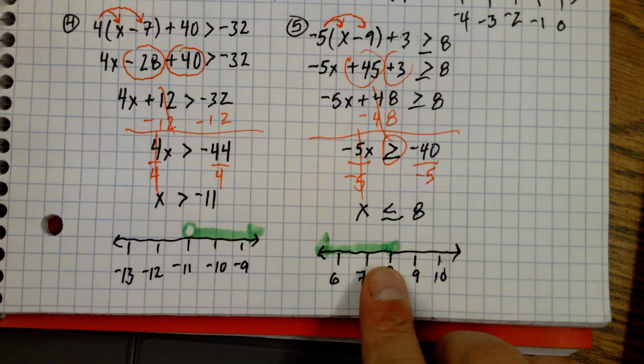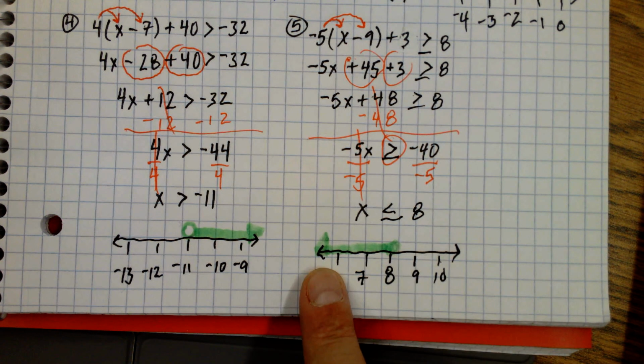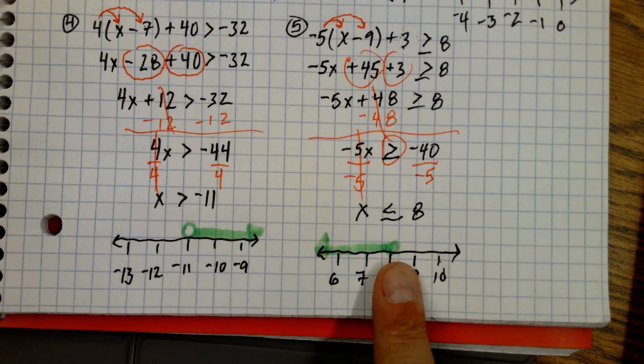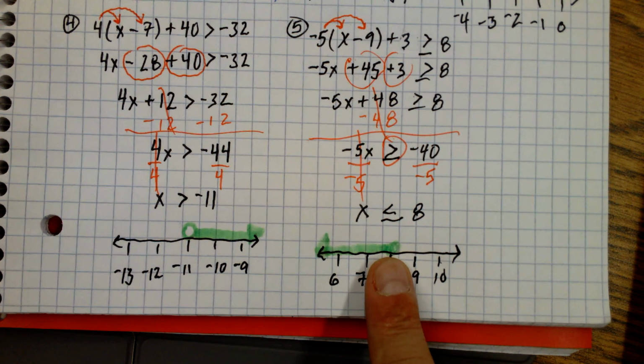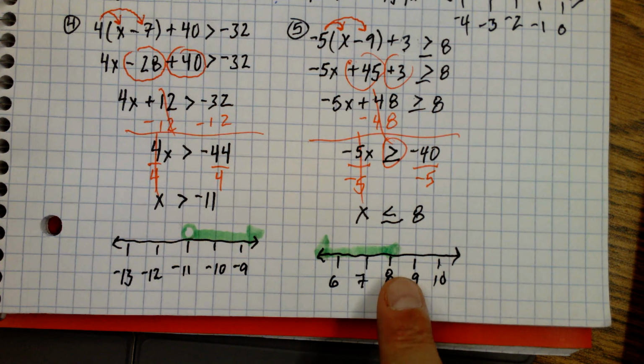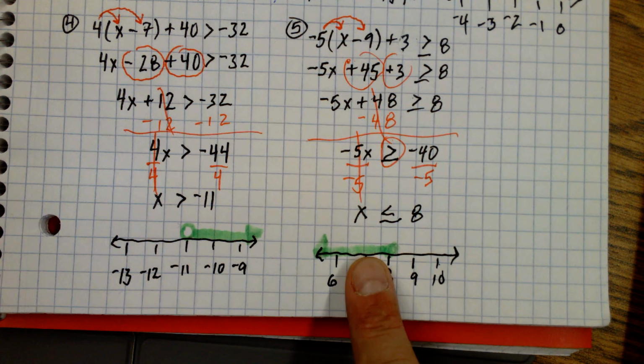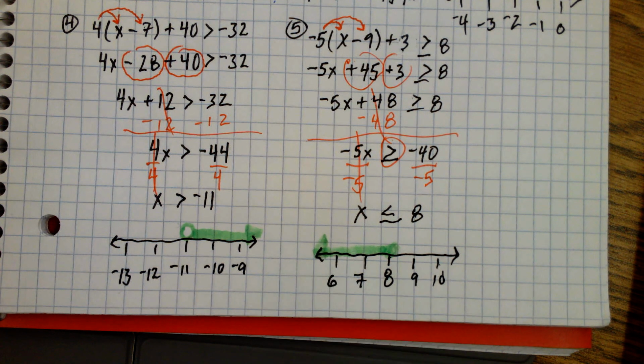That's another way of describing the number line. You could say all real numbers, because that means everything, positive or negative, decimal, fraction, any single nook and cranny, rational, irrational, everything. 8 or bigger.